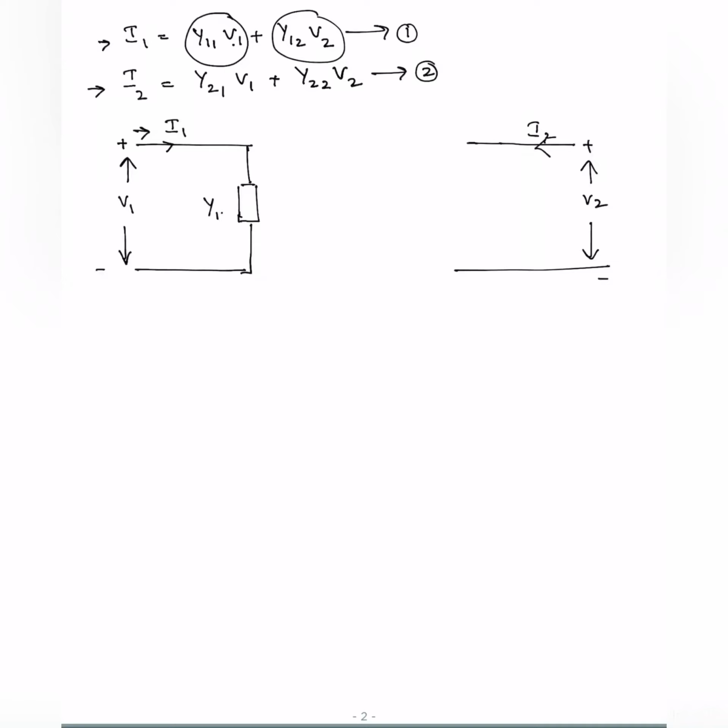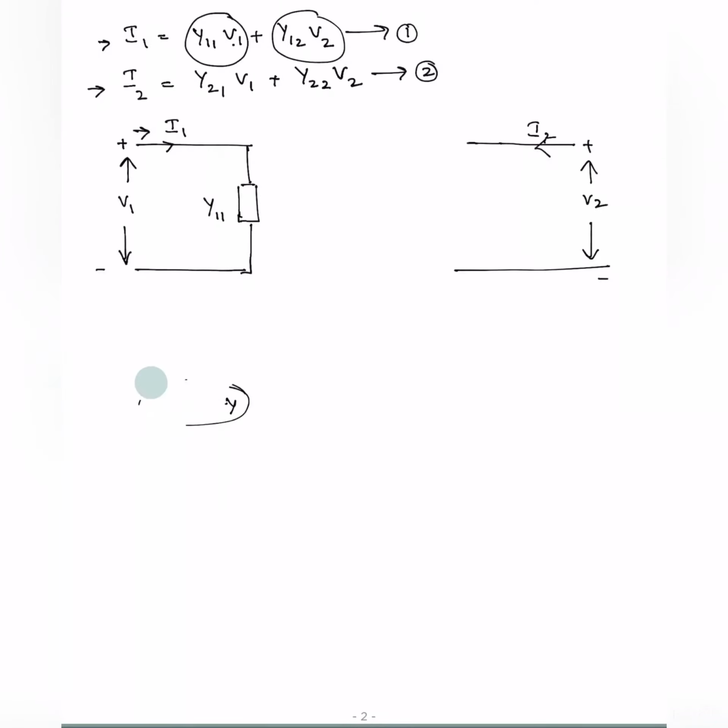with the value of y11. Why? Because you know the current is nothing but voltage by resistance, and 1 by resistance is admittance, so you get V into Y. The same logic is being used here.